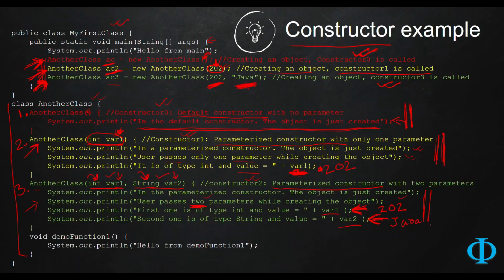So I will strongly recommend to copy paste this code in any IDE and check whether you are getting these things as an output or not. It will be great if you can comment out or comment in some of these object creations to check the result of each of these constructors individually.